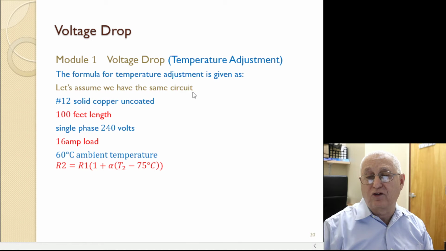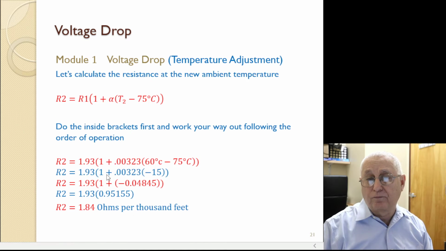Let's assume that we have the same circuit. Number 12, solid copper uncoated, 100 feet in length, single phase, 240 volts, 16 amp load, and we're running it through a 60 degrees C ambient temperature. And there's our formula, and we'll show it again in the next slide.